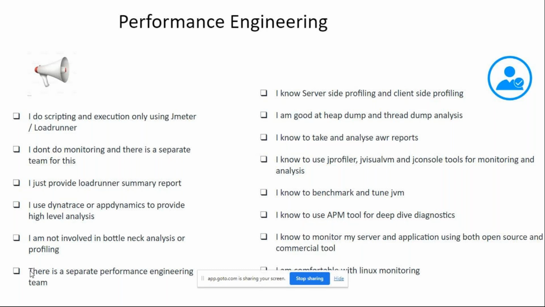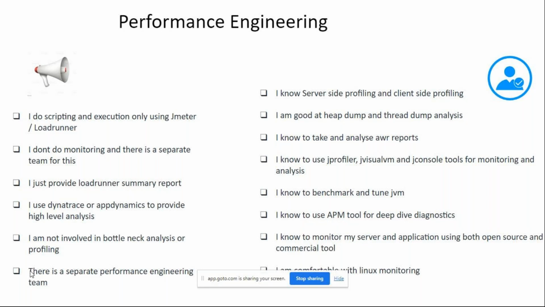So when we talk about a performance tester, performance test engineer, or performance test analyst, you might be doing scripting and execution. You might be using LoadRunner or JMeter or NeoLoad. And the way a performance tester works, from a skill set perspective, they might be good in scripting and execution.